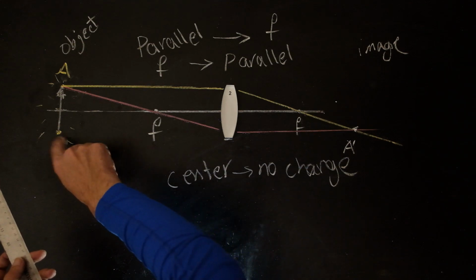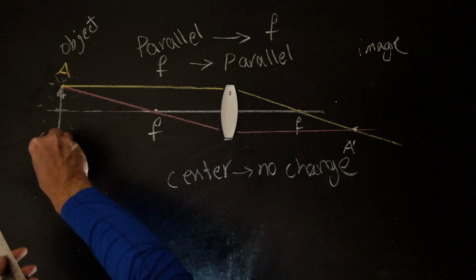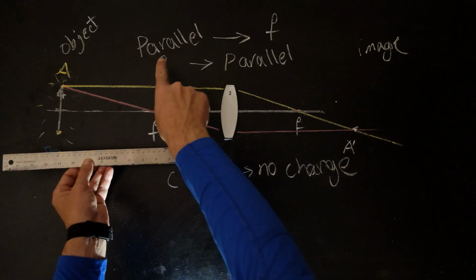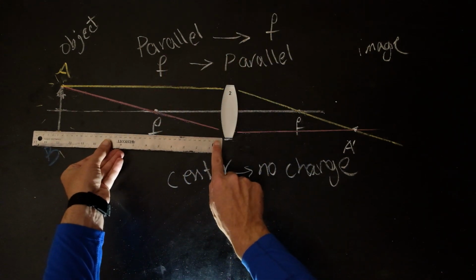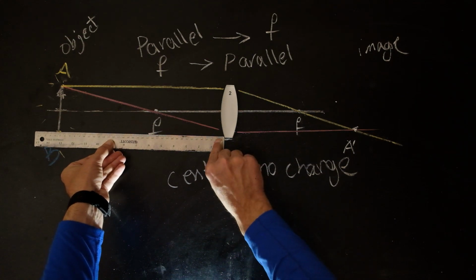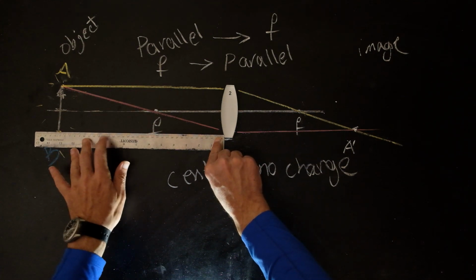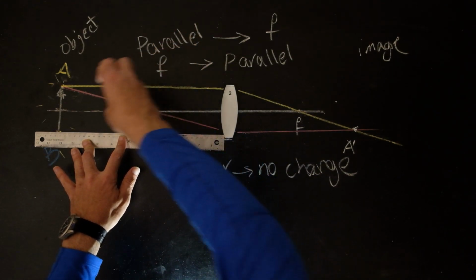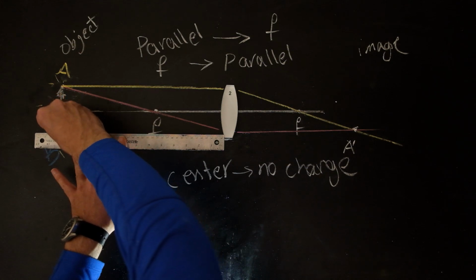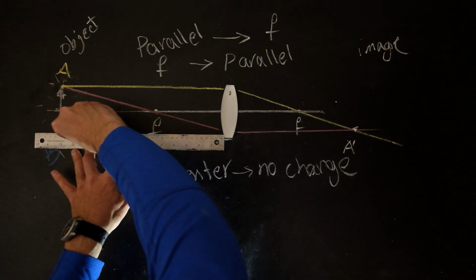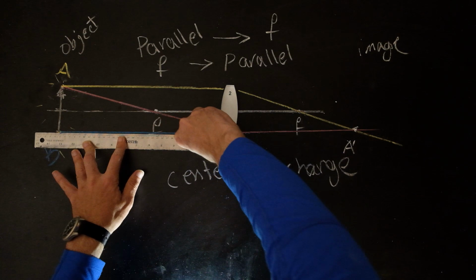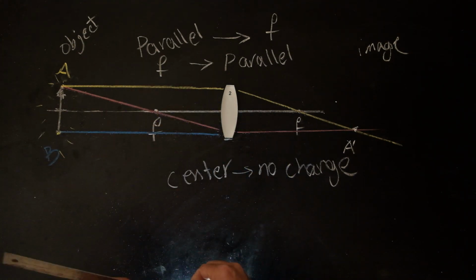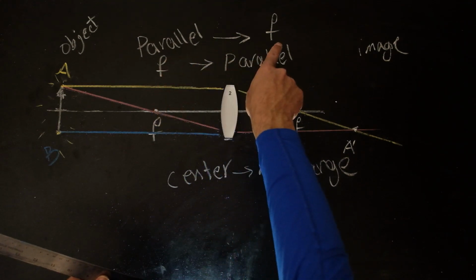For second point, I will use this end. So this is B. Again, I have parallel. And don't worry about these rays. Okay, this is parallel. What happens to parallel?